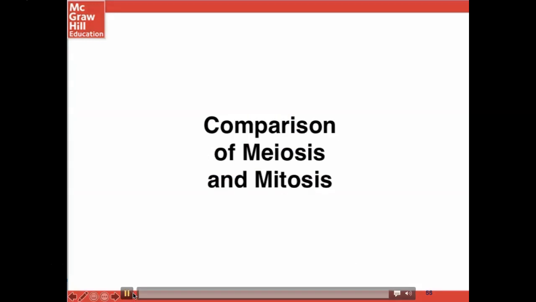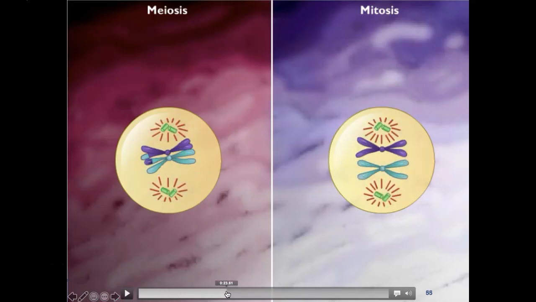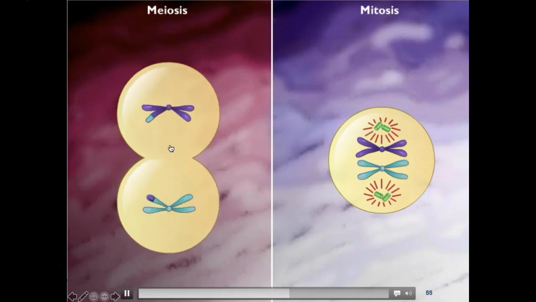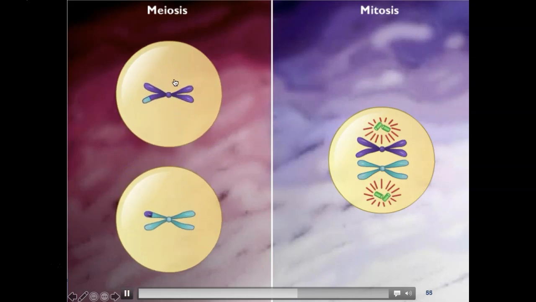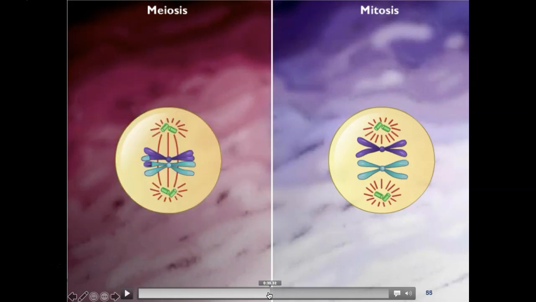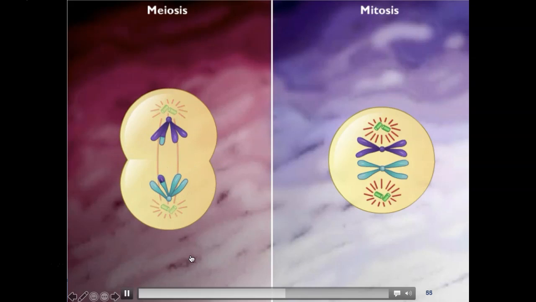And here's a video you can watch on your own that goes through a play-by-play of the differences. I want you to notice, again, I keep drawing your attention to this, how we're separating the homologous chromosomes and how only half of the centromere is attached.